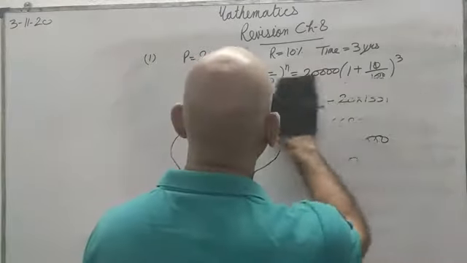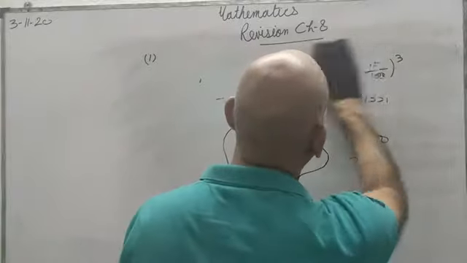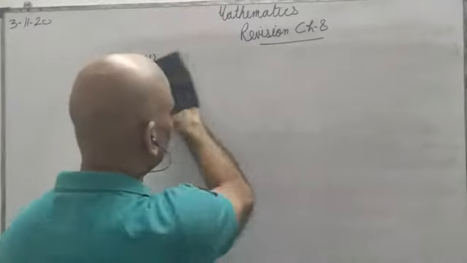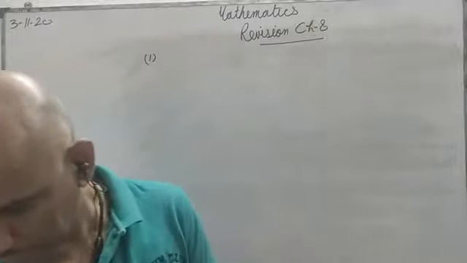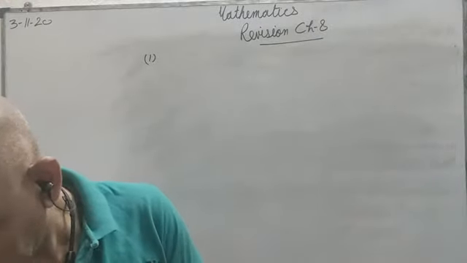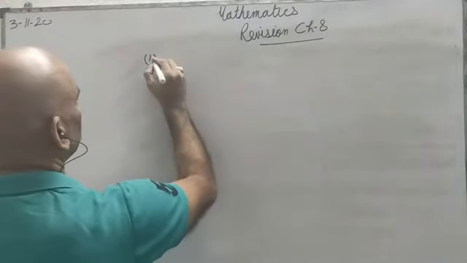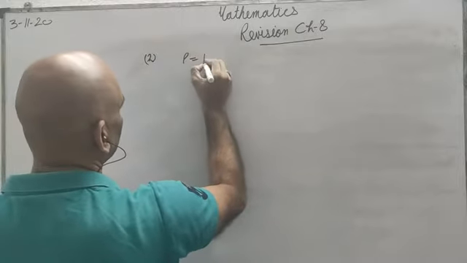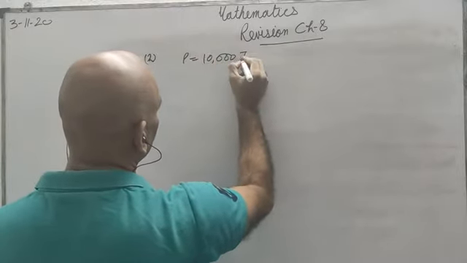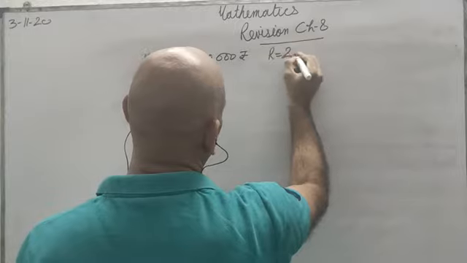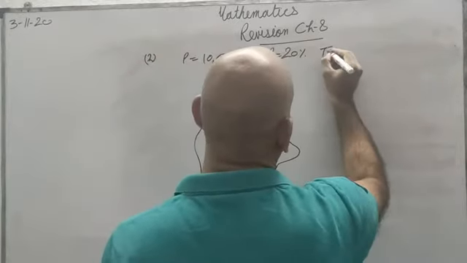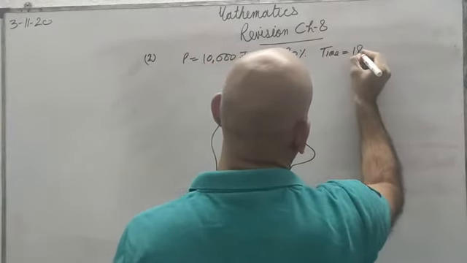Time is 18 months. 10,000 rupees is the principal. The rate is 20%, quite a high interest rate. So, second question: principal is 10,000 rupees, rate is 20%, time is 18 months.